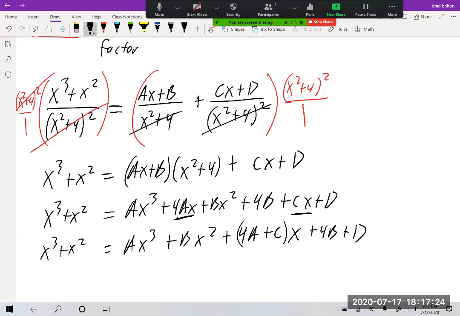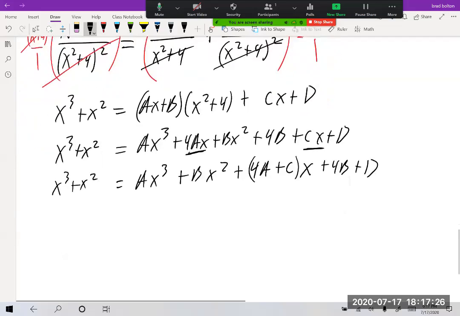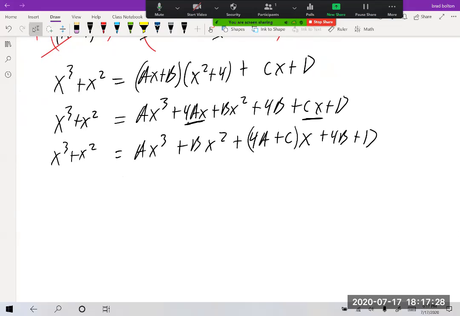Okay, and now we have to set up our system. So x cubed, what's the coefficient in front of x cubed? It's a 1. So I'm going to say then that a has to equal 1. What's the coefficient in front of my x squared term? 1. Here's the b. So in front of the x squared term, b has to be 1. Okay.